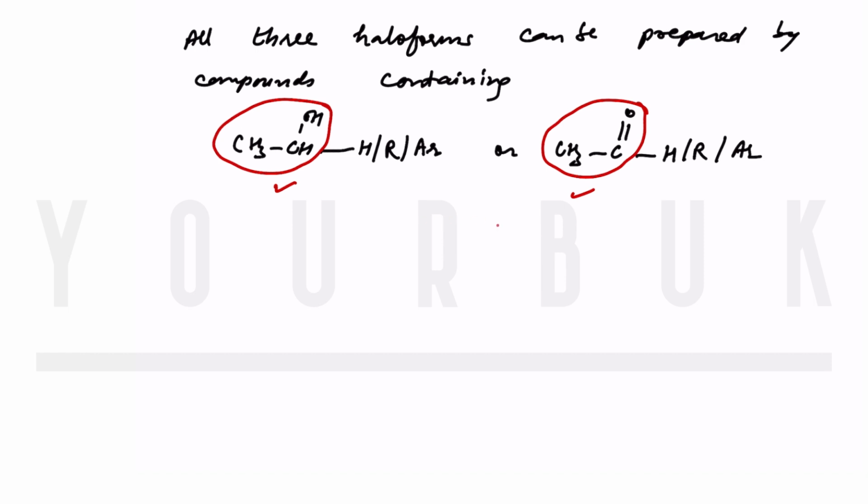So we react this with a halogen in the presence of an alkali, NaOH or KOH, and warm. Now, if you label these two carbons as A and B, then carbon A forms a haloform and carbon B gets oxidized to form an acid.